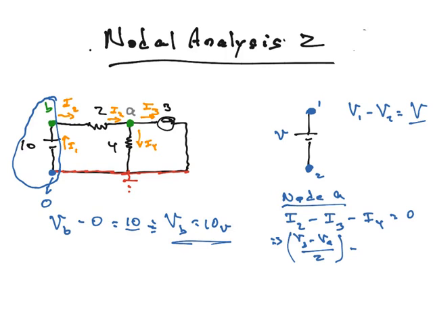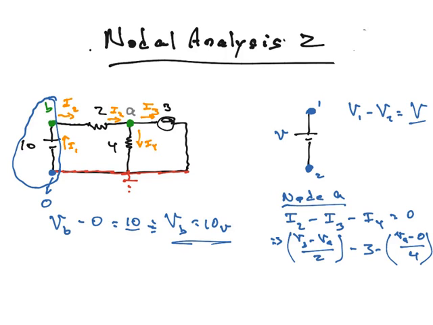I3 is the 3 amp current source, so it's 3. And I4, I don't know. It's just a resistor sitting there, so it's (VA minus ground) over 4.